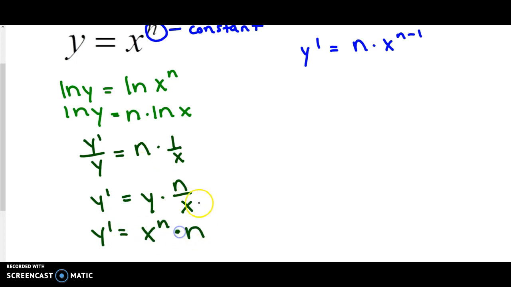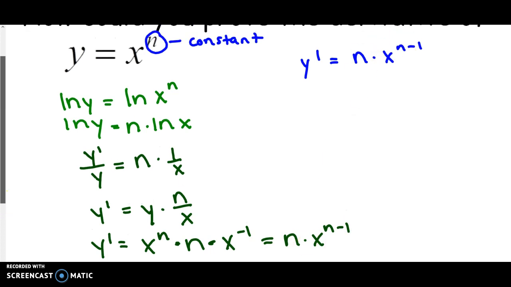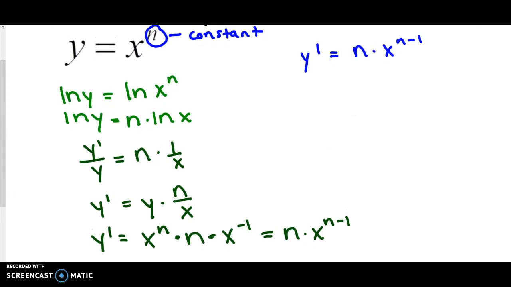And I'm actually going to rewrite this as x to the negative first. I hope that's okay with y'all. And now don't forget, last thing that I can do here is since I have x to the n times x to the negative first, that's like adding their exponents, which gives me n times x to the n minus 1. Another way to prove. Yippee.